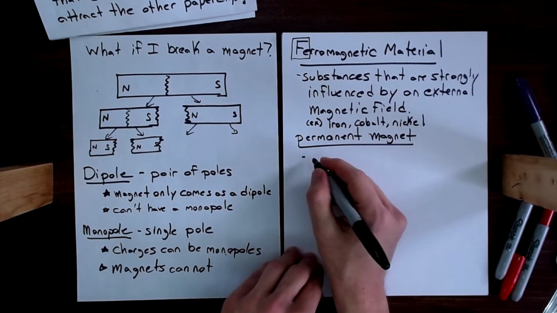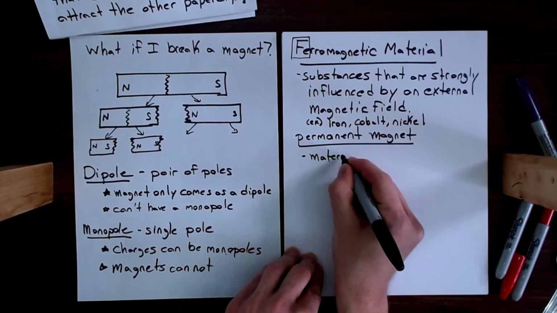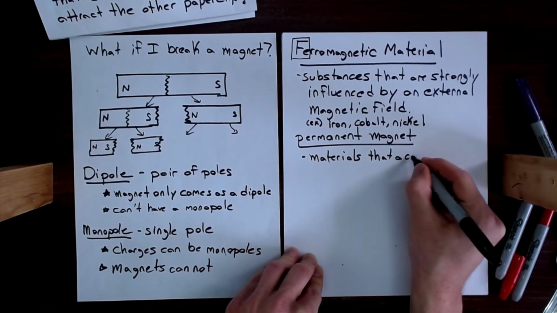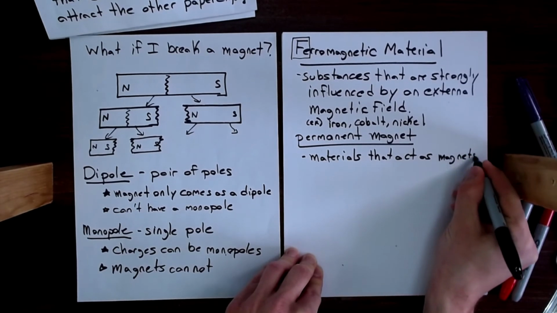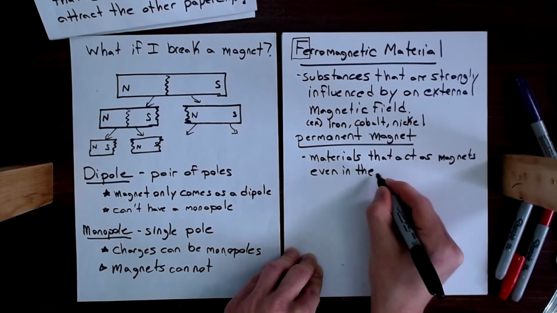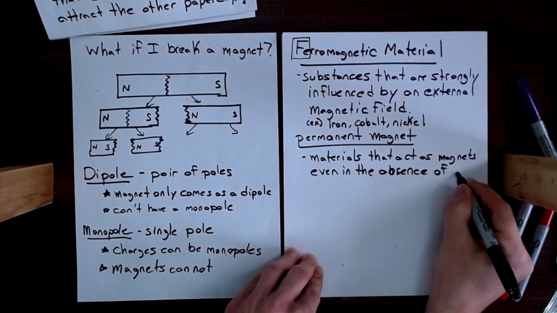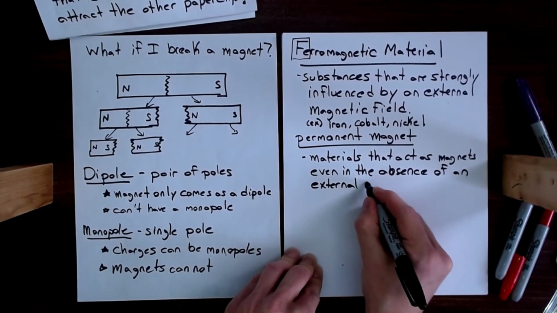So permanent magnets are materials that act as magnets even in the absence of an external magnetic field.